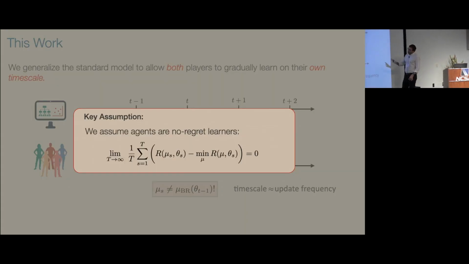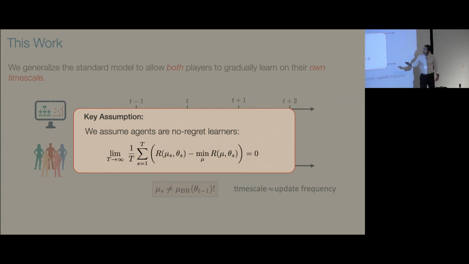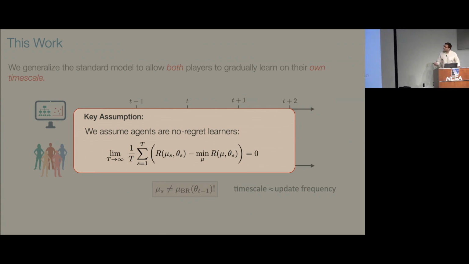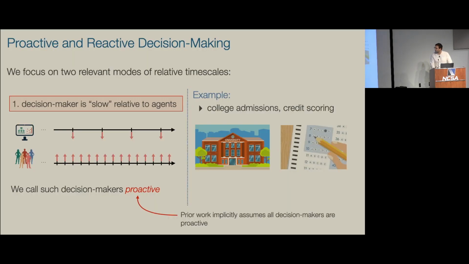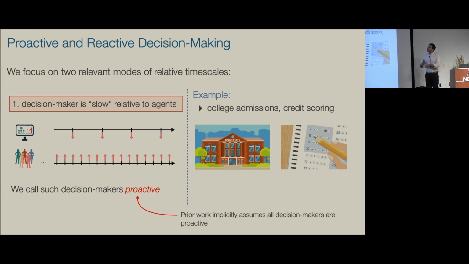Throughout this work, we assume that the population of agents is no regret, meaning that whatever sequence of losses are put in front of them, they'll learn to optimize in the infinite limit.